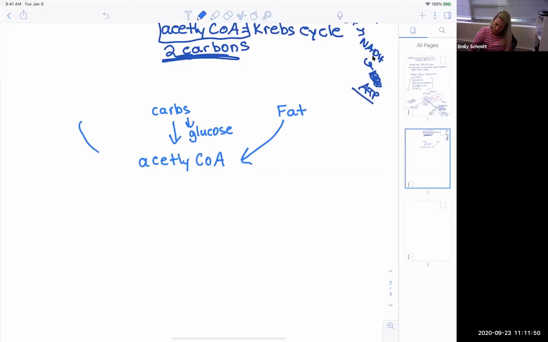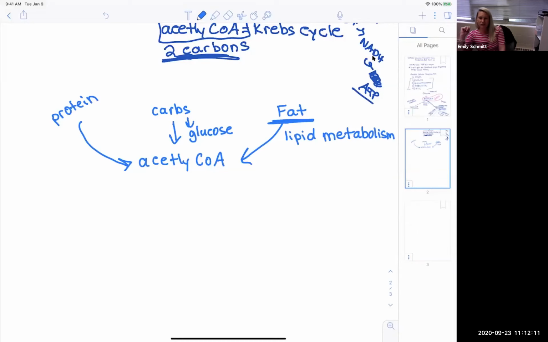And we can also get to this step of acetyl-CoA from protein metabolism. We are going to spend a lot of time on Friday talking about fat metabolism or lipid metabolism. So I want you all to understand that since acetyl-CoA is our signal to start this Krebs cycle, know that we can get to acetyl-CoA from 3 different ways.